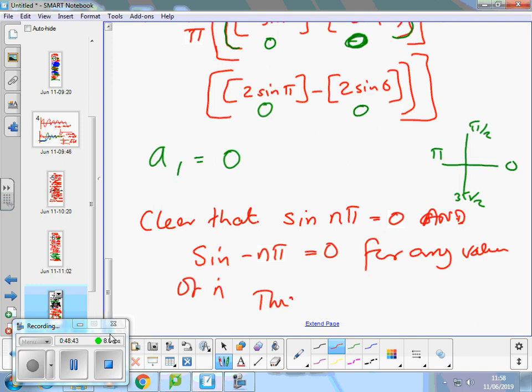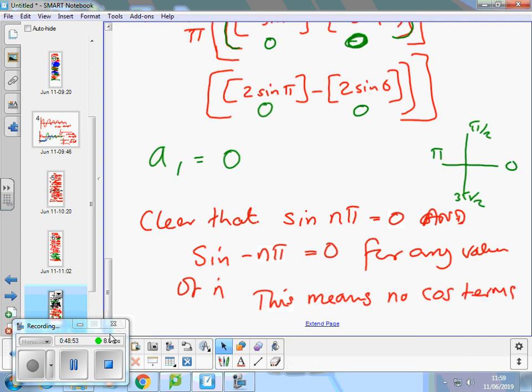This means no cosine terms. Because the formula for A n is V(t) times cos nt, n being the number of the constant you're trying to find, that doesn't matter.